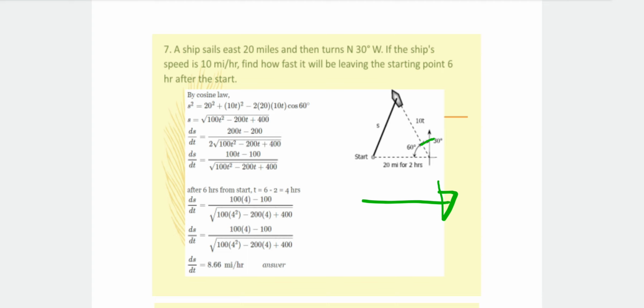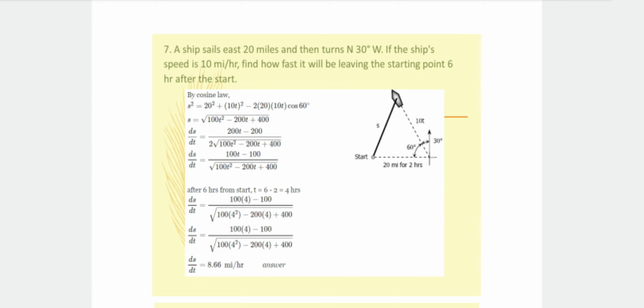If the ship's speed is 10 miles per hour, how fast will it be leaving the starting point? So the ship's path looks like this, and we ask how far it is from the starting point.